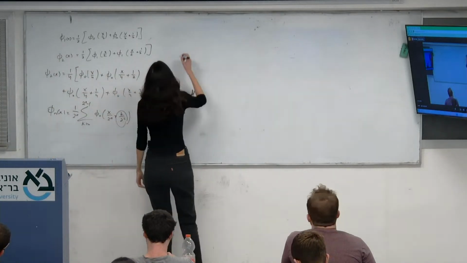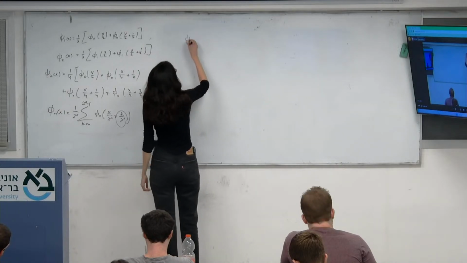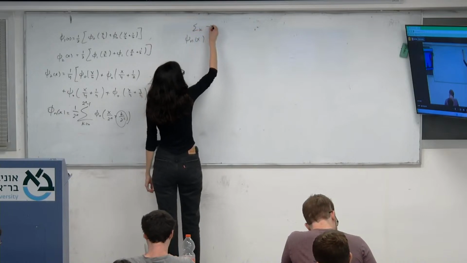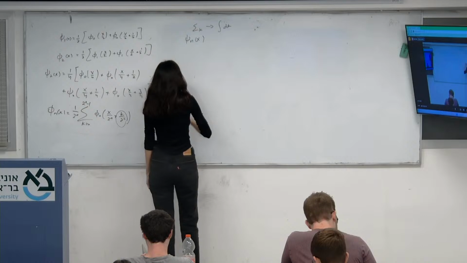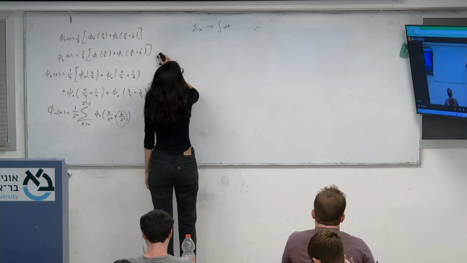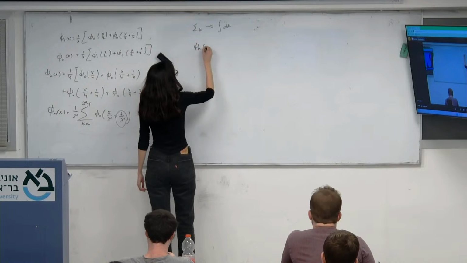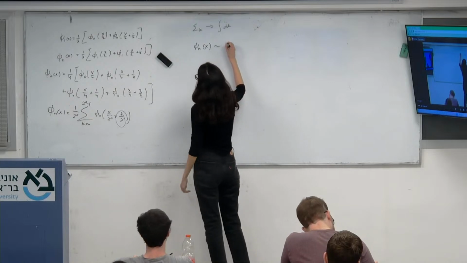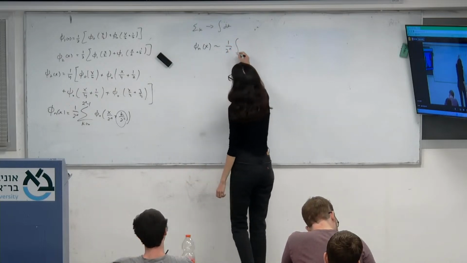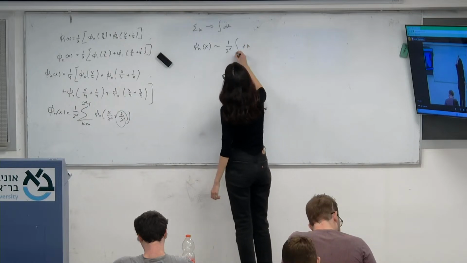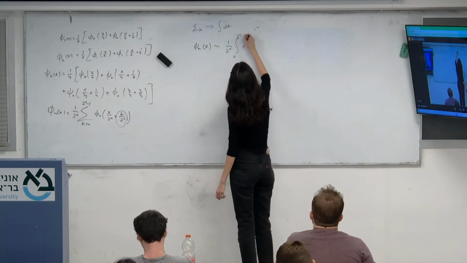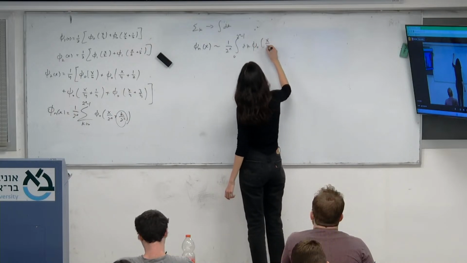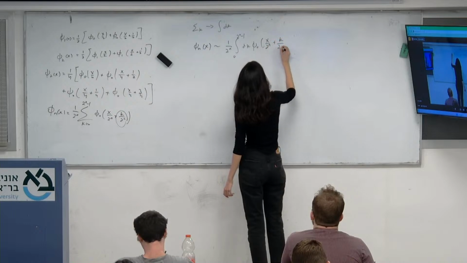So we can say that phi n of x, instead of a summation over k, we're going to go to an integral dk. So phi n of x is approximately equal to 1 over 2 to the n, an integral over k from 0 to 2 to the n.